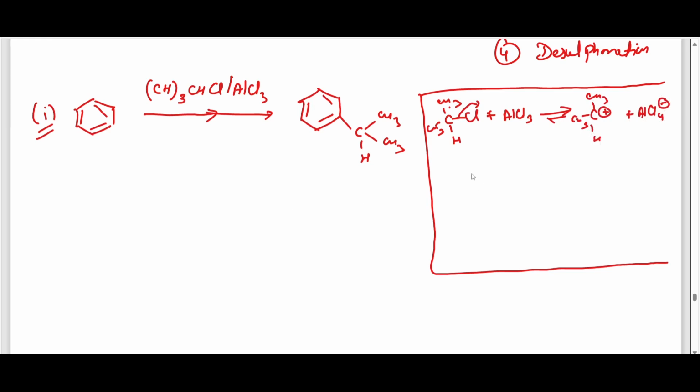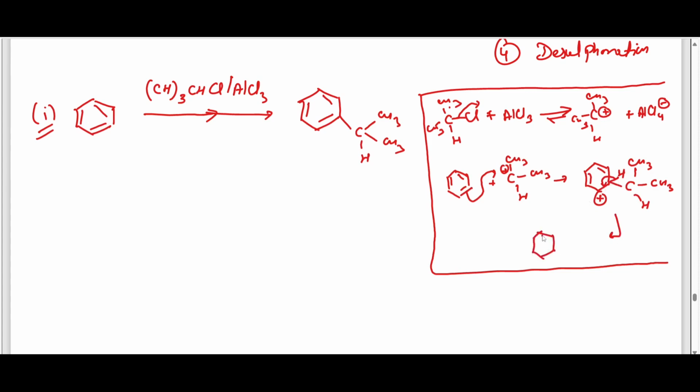After that, in the second step, pi electrons of benzene ring will attack at this carbocation, and there will be a positive charge, and to restore aromaticity, this proton will lose electrons.